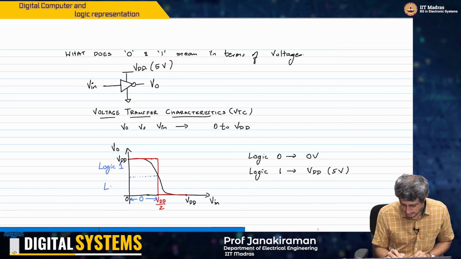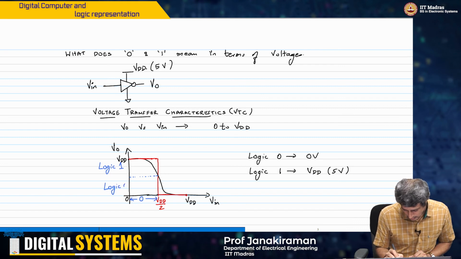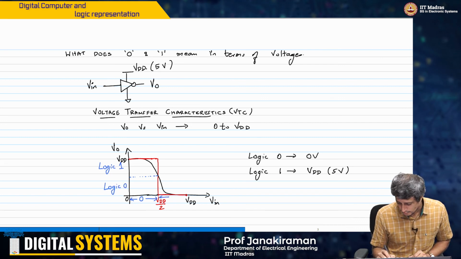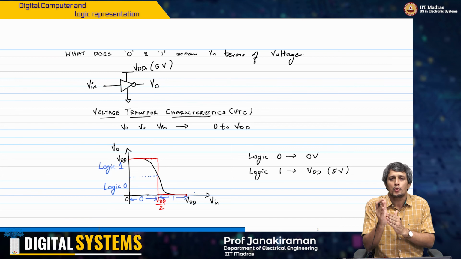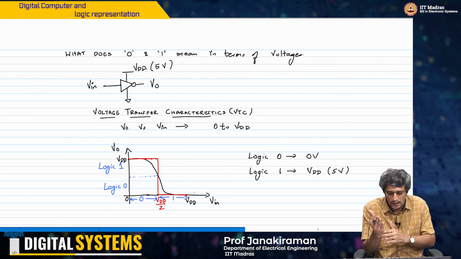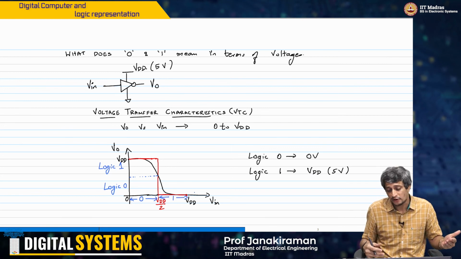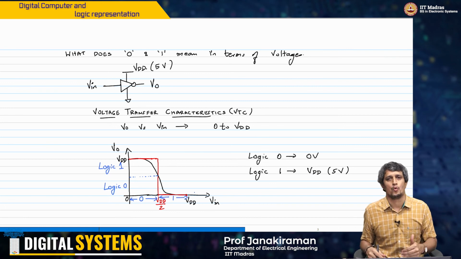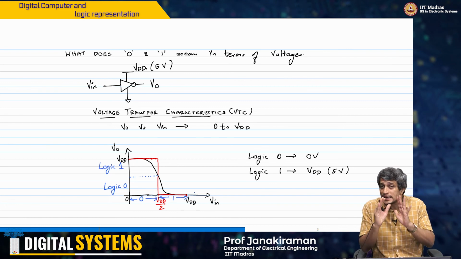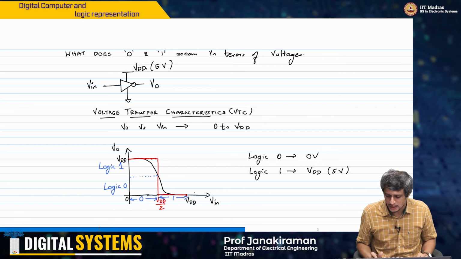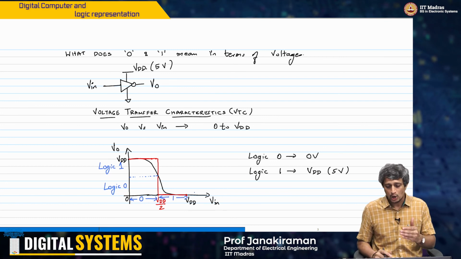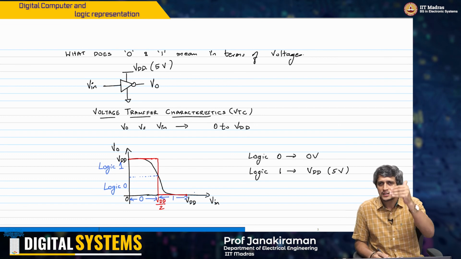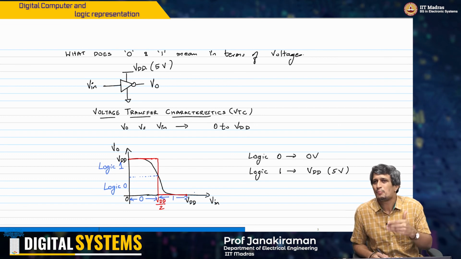And if the input is in this region, that is VDD by 2 to VDD, then I want the input to be treated as a logic high, and therefore the output must be treated as a logic 0. This is what I ideally want. This is actually a very good starting point for us, because it gives us what we want in practice.